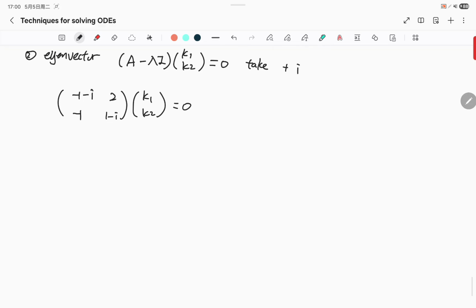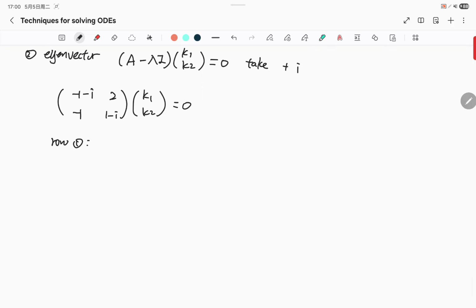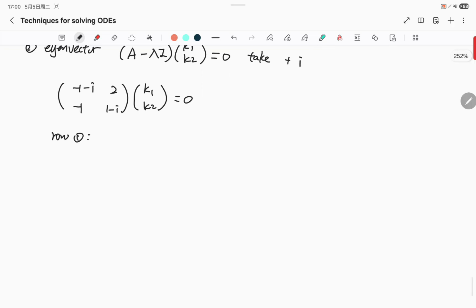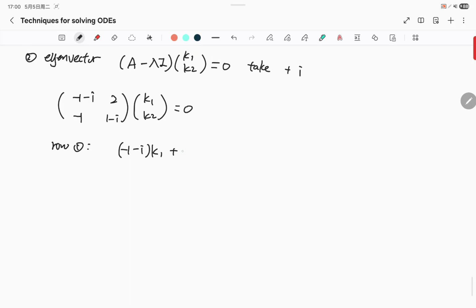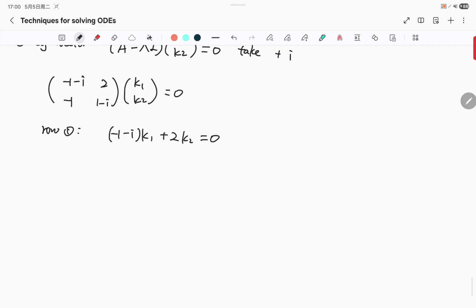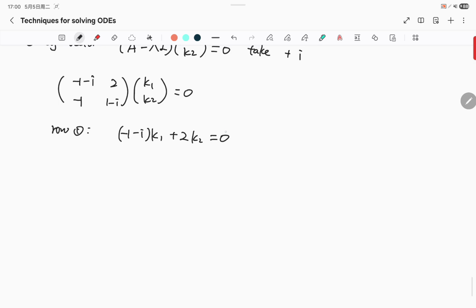So from row 1, we can do row 1. We have -1 minus i k1 plus 2 k2 is equal to 0. Or if you bring this to the other side, that means the negative of this is equal to 2k2.